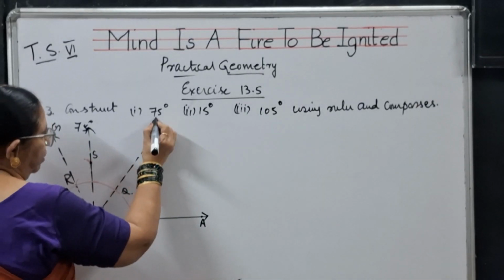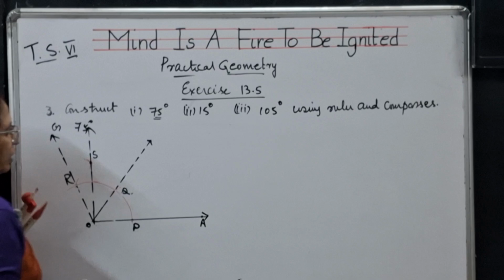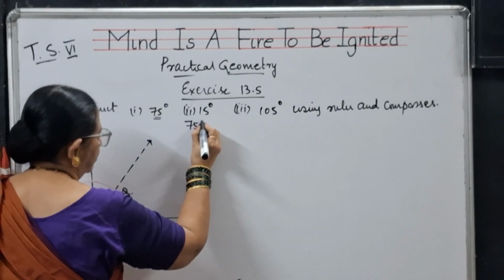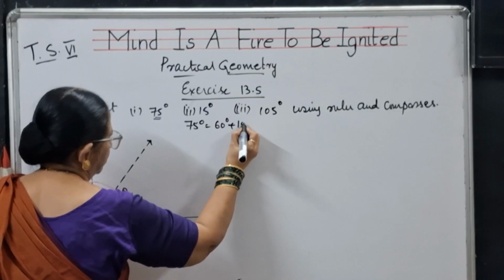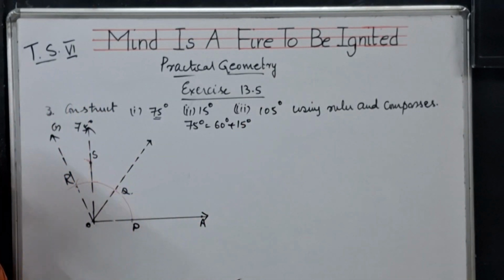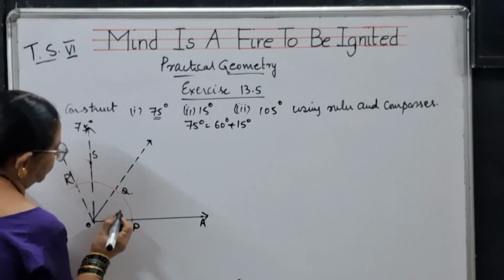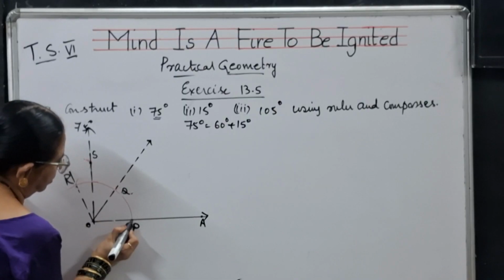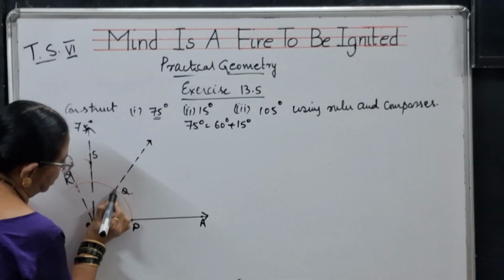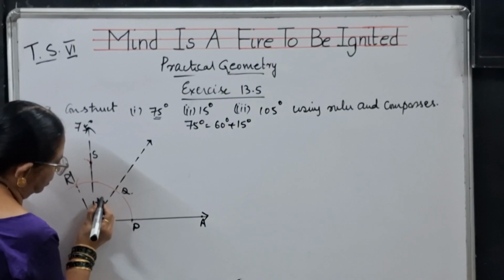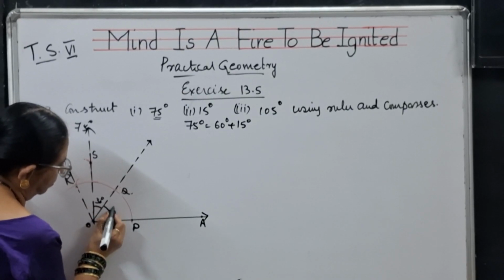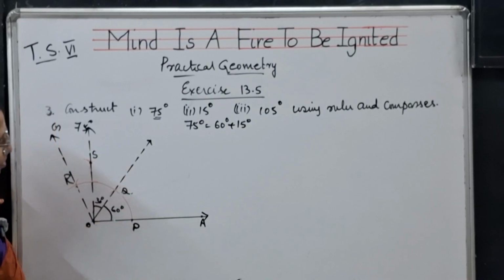Now I want 75, meaning 75 can be written as 60 degrees plus 15 degrees. This is 60 degrees, and this is 30 degrees. This one is 30 degrees, this is 60 degrees.